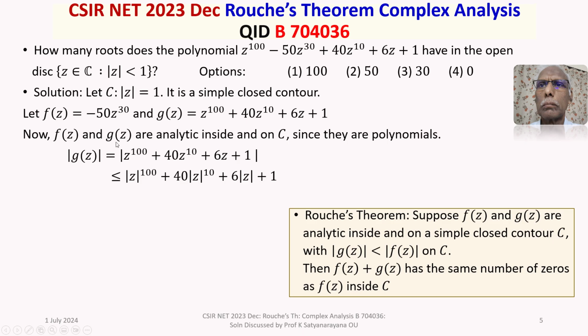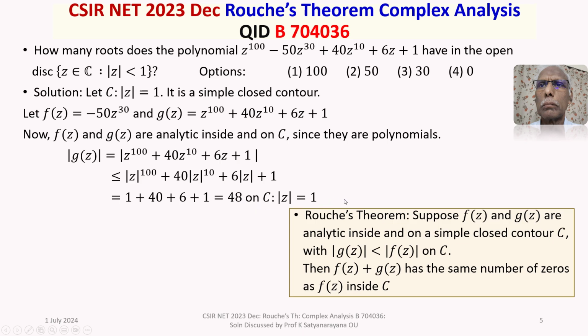So on C, mod z is equal to 1. So this is 1 plus 40 plus 6 plus 1, that is 46 plus 1, 47 plus 1, 48. So this is equal to 48 on C, that is the unit circle.